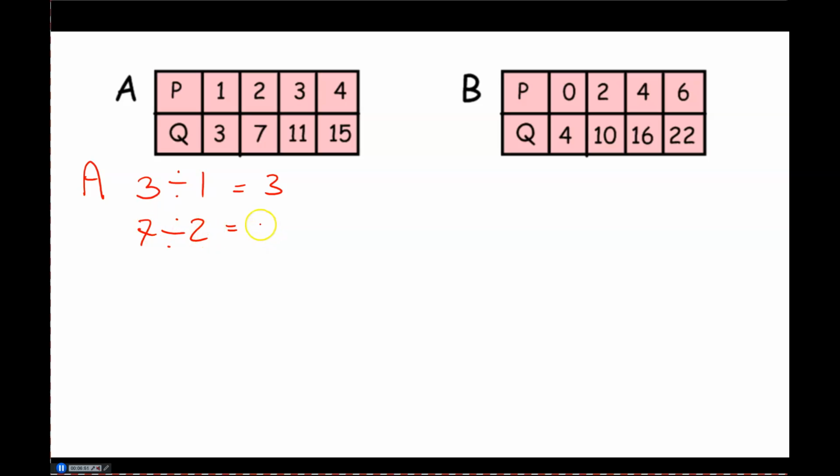Well, 7 divided by 2 is 3.5. So straight away you can see they are not going to be in proportion at all. They've all been multiplied by a different amount. So 1's been multiplied by 3, 2's been multiplied by 3.5, etc. So they are not in proportion.